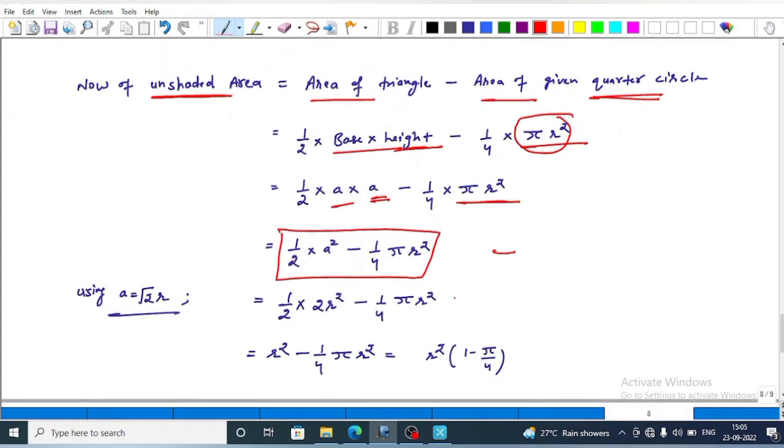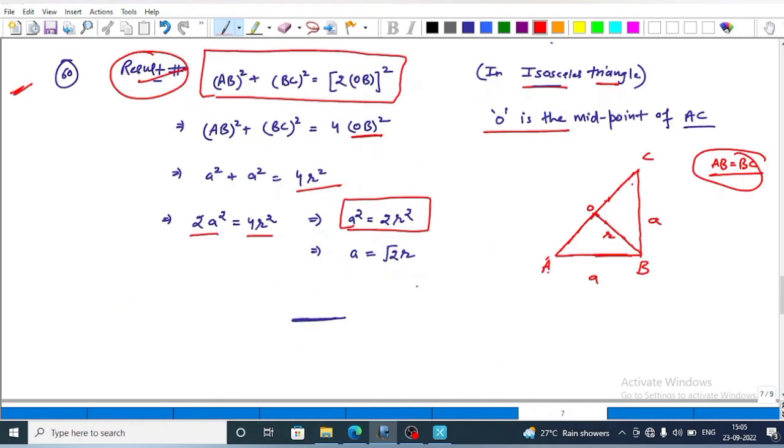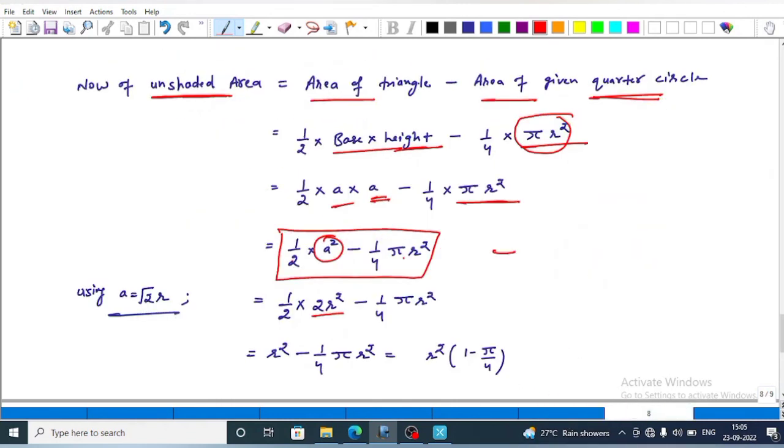Now come to our first expression, that is, 1 upon 2 a square is equal to 2 r square from this result. Now minus 1 upon 4 pi r square. 2 cancels with 2. This implies that r square minus 1 upon 4 pi r square. Take r square common.